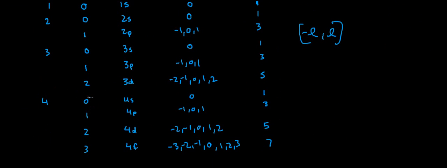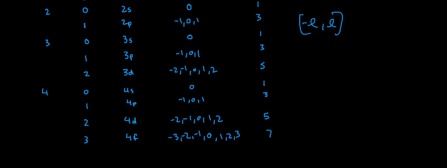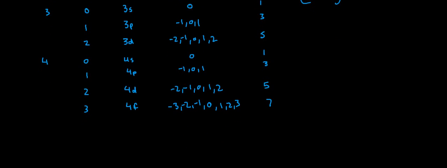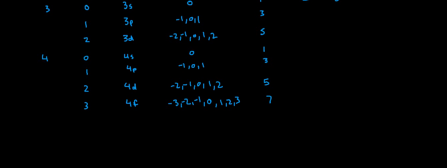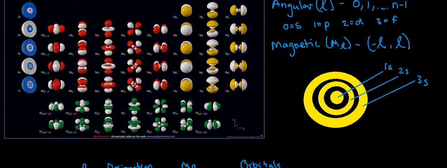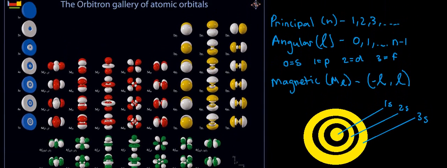Once I get to 4, I'll finally get into 4f, and we can continue going: 5 for s, p, d, f. I think it goes all the way up to 7, and then we run out of elements. But this is how to work the quantum numbers and how to let people know what orbital I'm talking about.